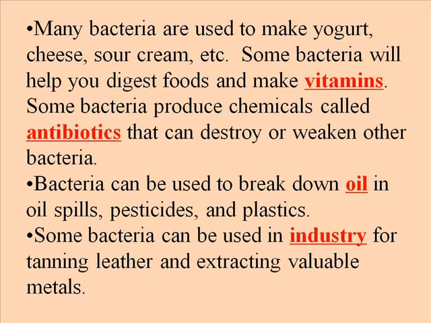Bacteria is sometimes used in nature to break down oil from oil spills. We can make pesticides. We can make plastics using bacteria. Some are used in industry for tanning leather and extracting valuable metals from rock. So again, all these are good ways we use bacteria.